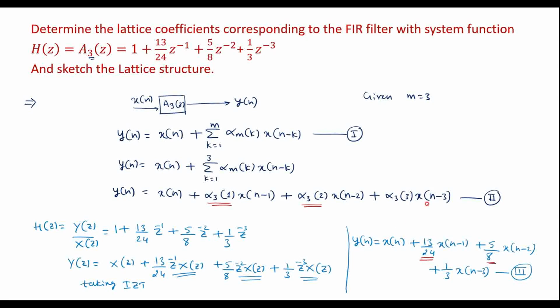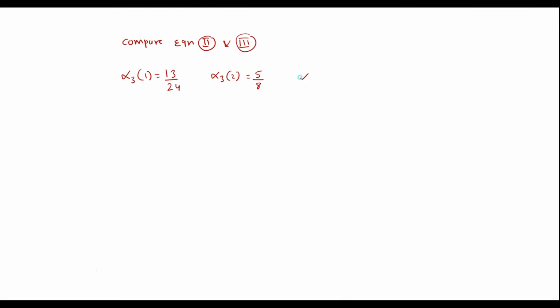Similarly, the coefficient of x(n minus 3) is alpha 3 of 3, which is nothing but 1/3. So here alpha 3 of 1, alpha 3 of 2 and alpha 3 of 3 are known as direct coefficients.